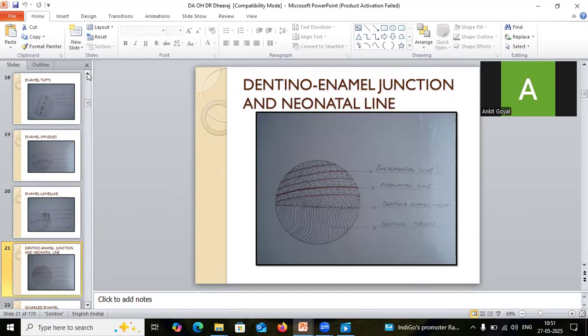This scalloped junction increases the surface area of contact between the enamel and the dentine and therefore strengthens the adhesion and the union between the two. The scalloped dentino-enamel junction also serves to reduce the development of cracks along the junction because of the numerous changes in the direction of the junction.